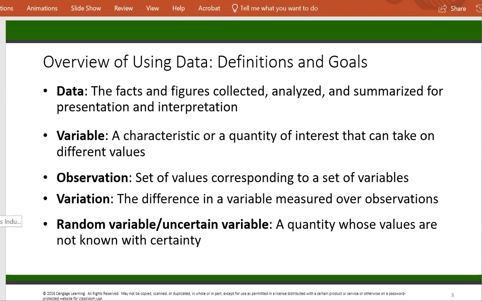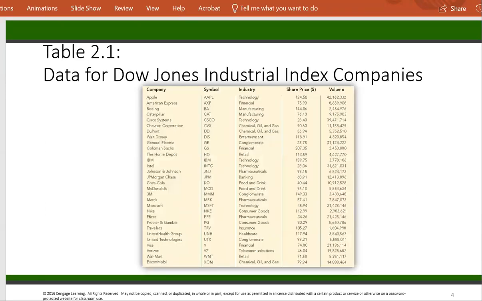All right, so moving on, we have an example here. This is Dow Jones, the list of the companies that form the Dow Jones Industrial Index at a point in time. This is pretty recent. As you can see, most of them are, I mean, already in the list right now.